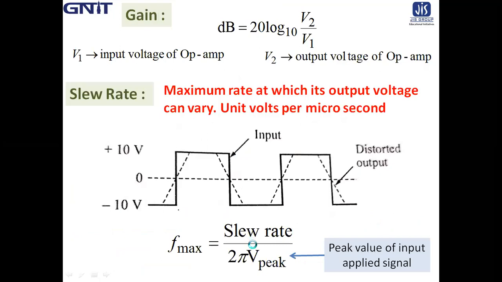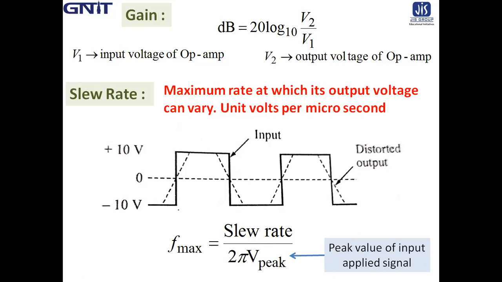Next is the gain. Although an ideal op-amp has infinite open loop gain, practical op-amps have open loop gain that varies considerably according to the type of op-amp used.